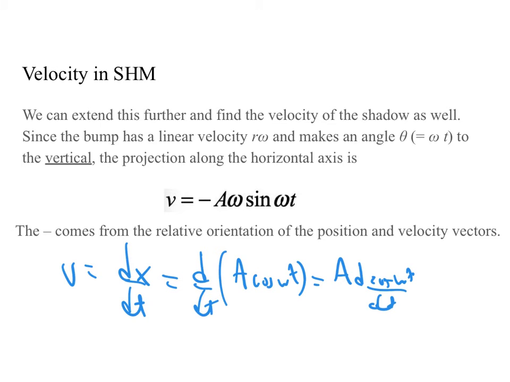And then we do the chain rule. So we have the a, we get minus the sine of omega t times the derivative of omega t, which is just omega. And you can see, hopefully relatively straightforwardly, that will end up being the same as this.